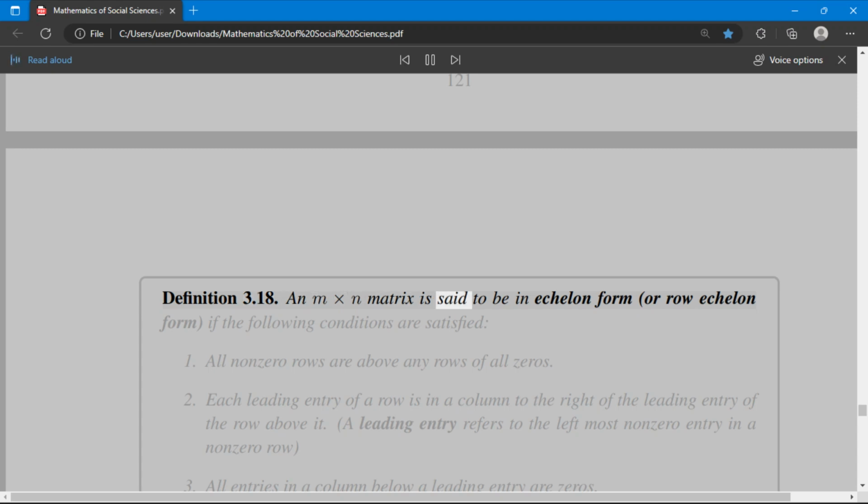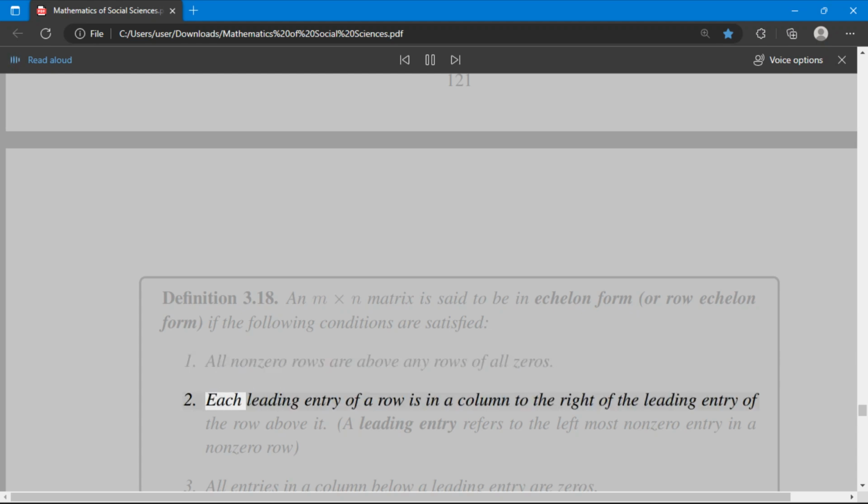Definition 3.18. An M times N matrix is said to be in echelon form, or row echelon form, if the following conditions are satisfied. 1. All non-zero rows are above any rows of all zeros. 2.